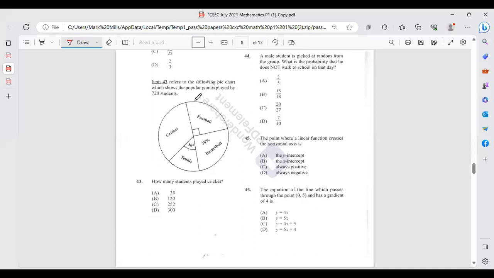This is 30%, and this is in degrees. How will I change this 30% to degrees? How do we change percentage into degrees? Anybody remember? Sir, 30/100. 30/100, yes, times what? 360. All right. So, okay, we can do that. So 3 times 36, what do I get?